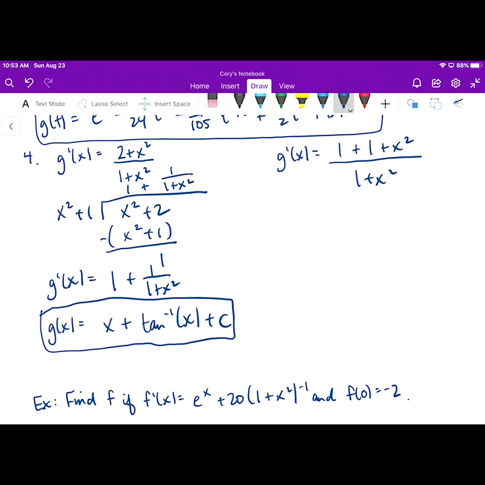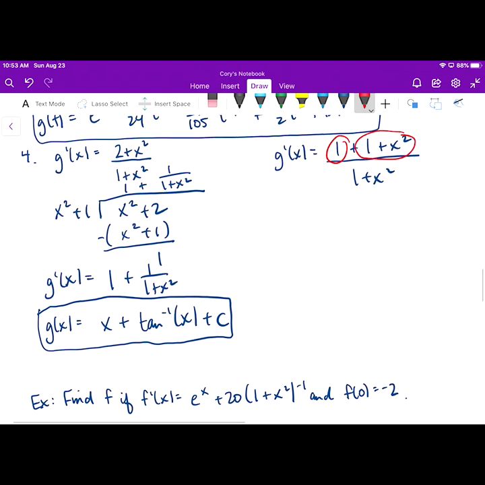And I can take that numerator and split it into two parts. One is the first part, 1, and 1 plus x squared is the second part. So I can take each part of that numerator and write it over the denominator. So 1 over 1 plus x squared plus 1 plus x squared over 1 plus x squared.